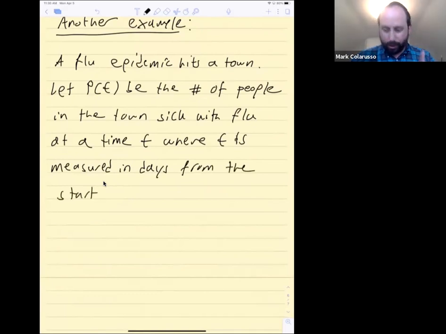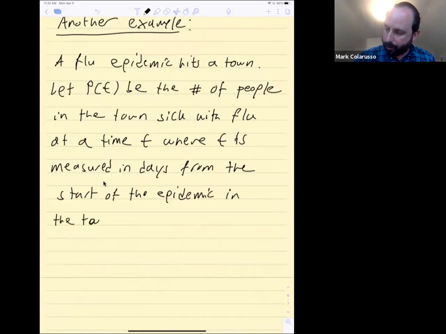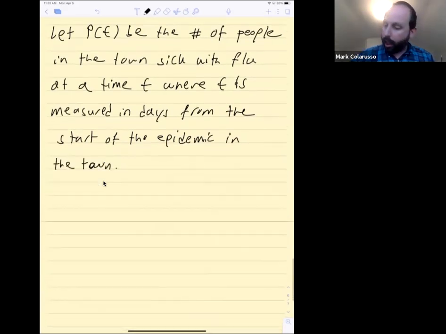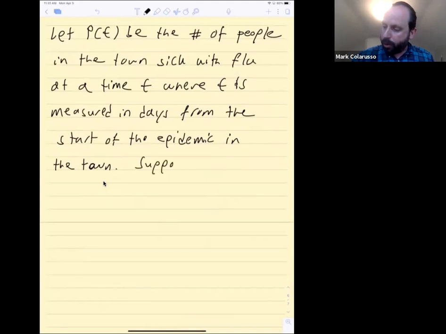Not a pandemic, it's just one town in this case. And suppose that at the initial condition, when the epidemic started, 100 people had the flu. They all came off some cruise ship, came back home, and they all had the flu.